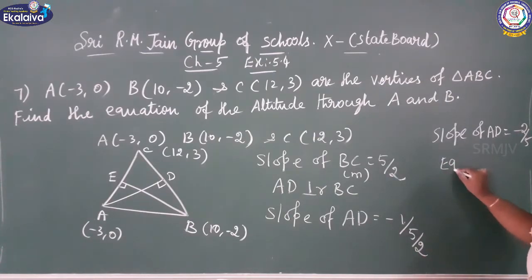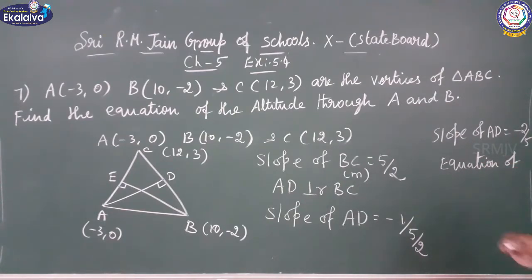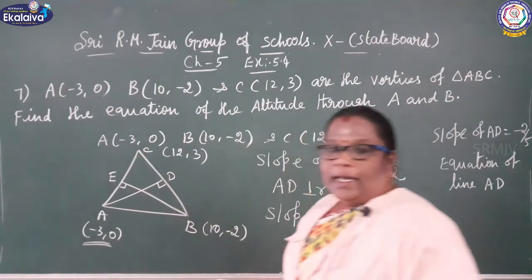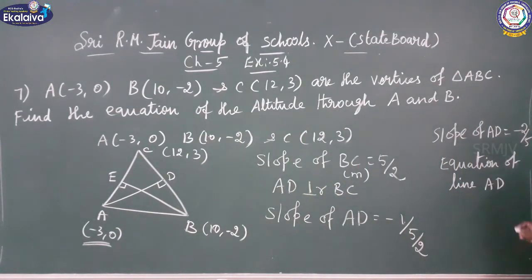Equation of the line AD, that is the altitude. See, what is the point? Through the point A, minus 3 comma 0.